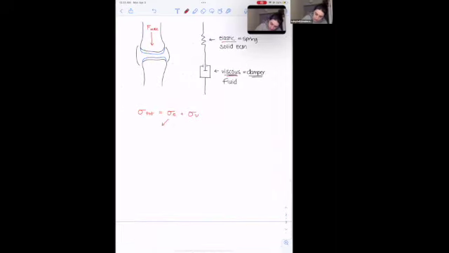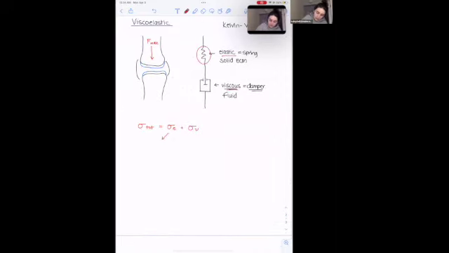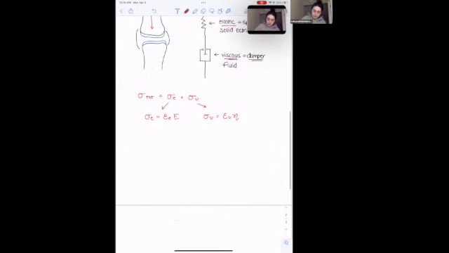And if we break that down in the way that we've modeled it with a spring, we know that elastic component is going to be the elastic strain times Young's modulus. But the viscous component is actually going to be the viscous strain times viscosity. And so the stresses that are being felt are the sum of those two components.